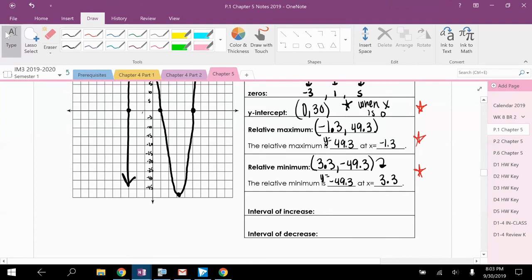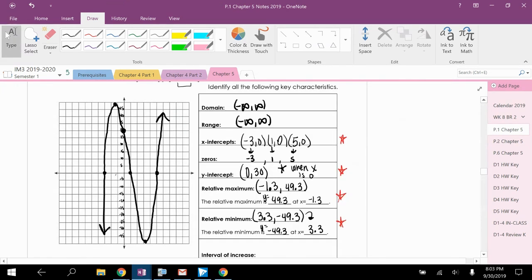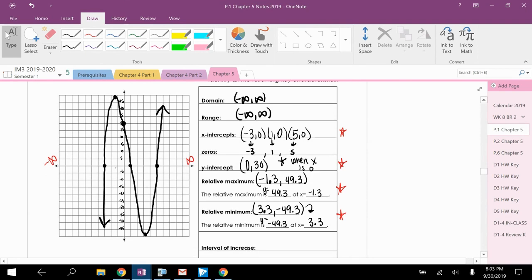Okay, last part, interval of increase and decrease. So put in your negative infinity because you're going to go forever left and forever right, because we're only using x values here. Now, what I like to do is draw in this dotted line because I know it's going to be like a barrier for the interval of increase and decrease. So my relative max had an x value of negative 1.3.